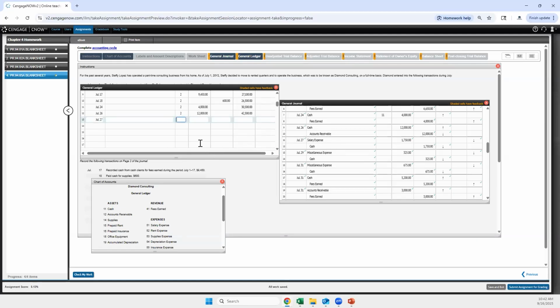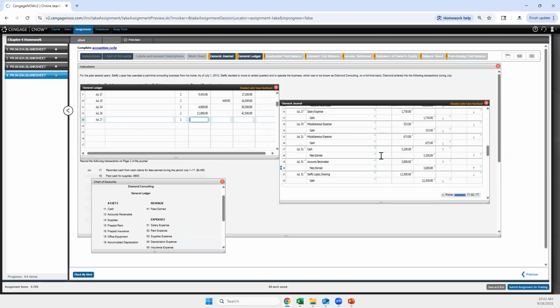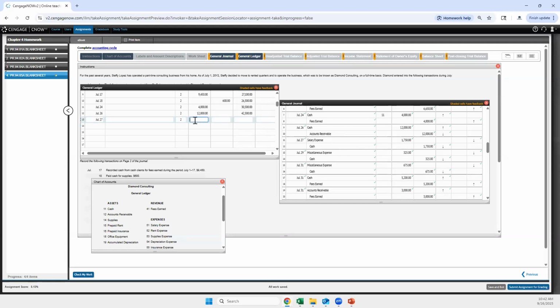July 27th, posting reference 2. Our amount is 1,750. And then as a credit to cash actually, because it is for our salary expense. And then our amount will be 40,750.